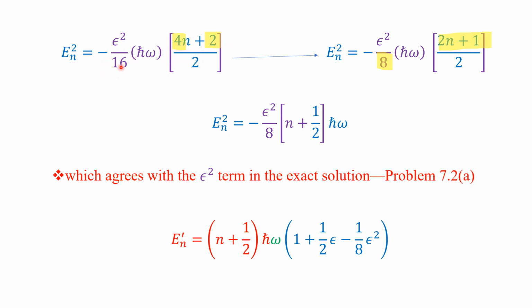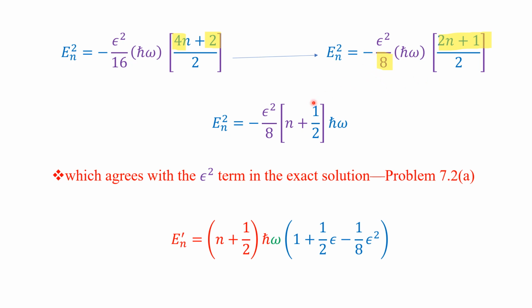You can take 2 out, and 2 by 16 will become 1 by 8. So if you take 2, the 2 will cancel with the 16, and 16 will become 8. This will become 2n plus 1 because we have taken 2 outside. So this will be divided by 2.